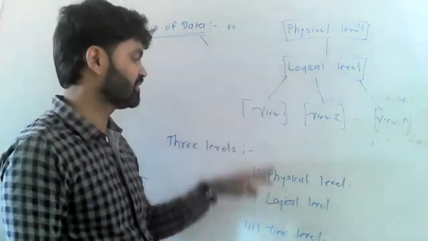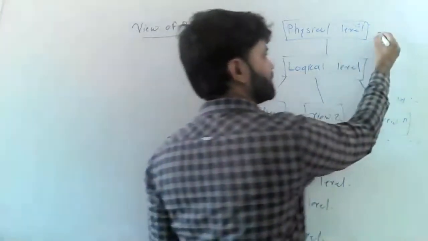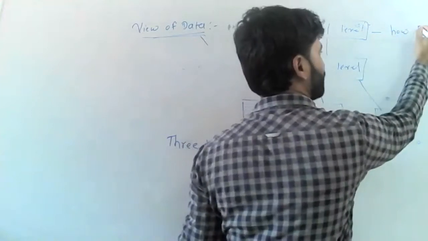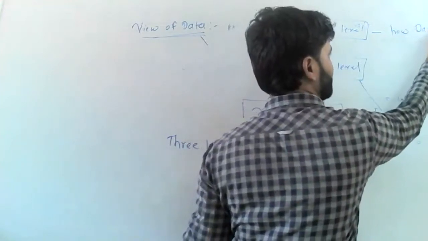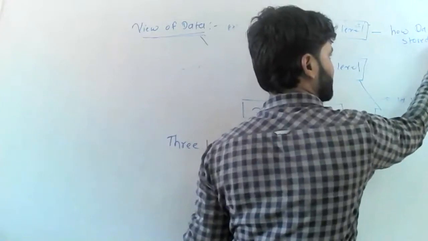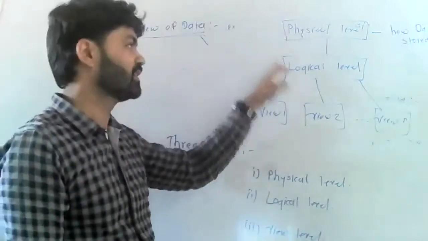The physical level describes how the data is stored in the database.